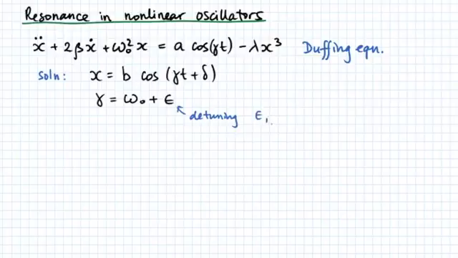Both epsilon and damping beta will be much less than omega naught. For small amplitudes, we expect that the nonlinear term lambda x to the third power will not matter. So we expect to recover the old result for a simple damped oscillator.